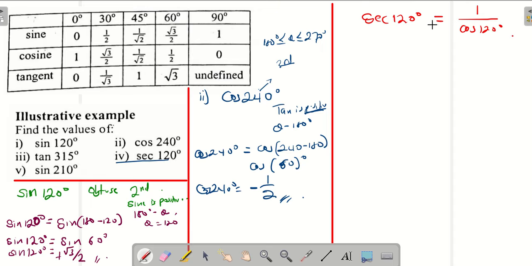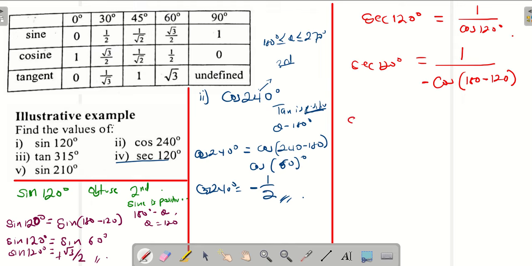Then we look for cos 120. We know that 120 is in the second quadrant, and there only sine is positive. In the second quadrant, the formula is 180 minus theta, which is 120. So we are going to get cos 60. But cos is negative in the second quadrant, so you have to negate it.